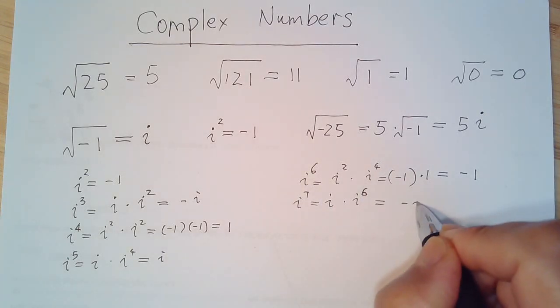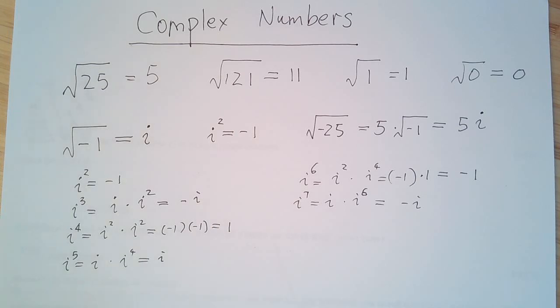So here is -i. Did you notice that it repeats? -1, -i, 1, i, -1, -i. Of course, the next one will be 1 and then i. So that helps you figure out what is i to any positive integer power. This is the important thing about i, the imaginary unit.